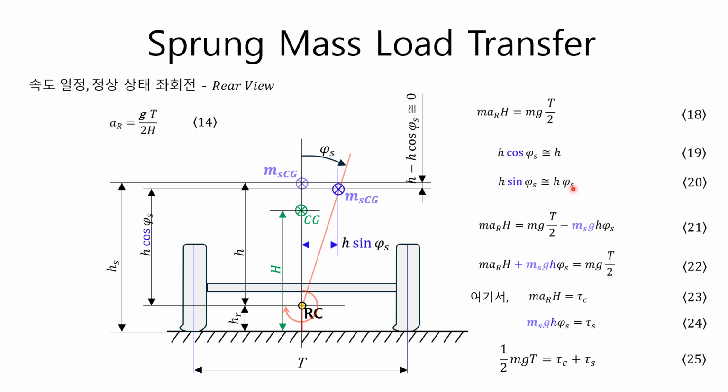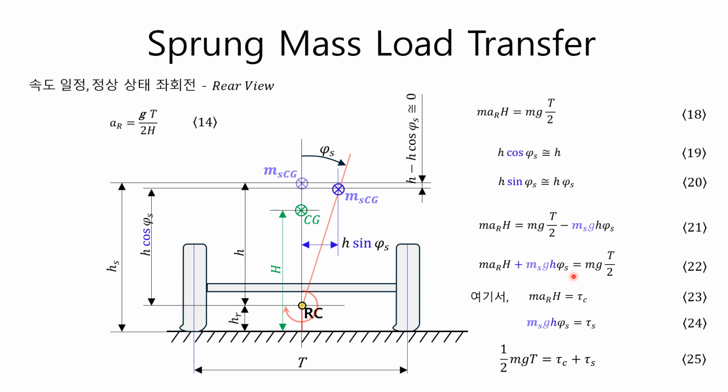Since half t, which is the length of the moment arm for the sprung weight, is reduced by h phi s due to the shift of the center of gravity, this can be expressed as equation 21. Equation 21 can be rearranged to obtain equation 22.